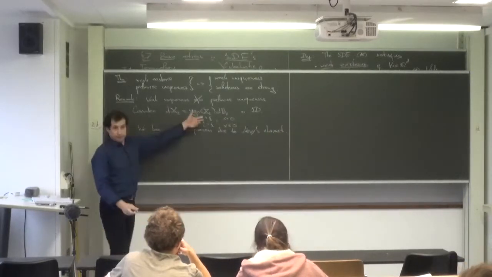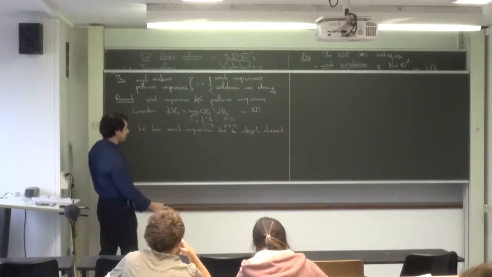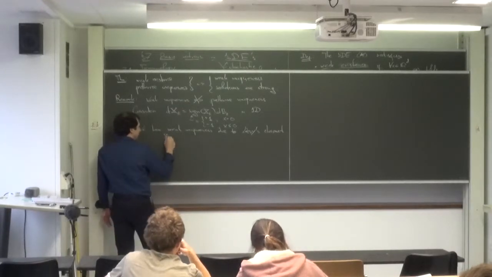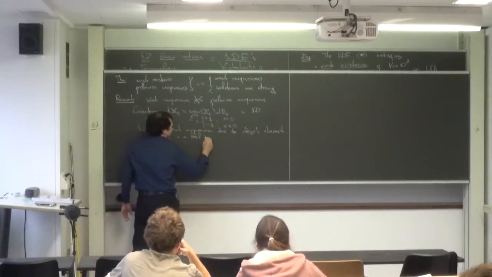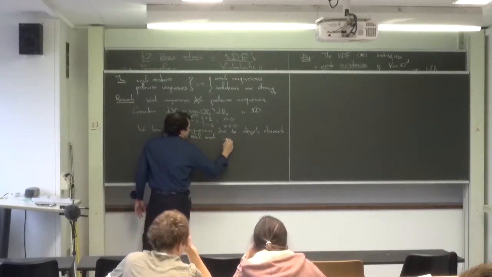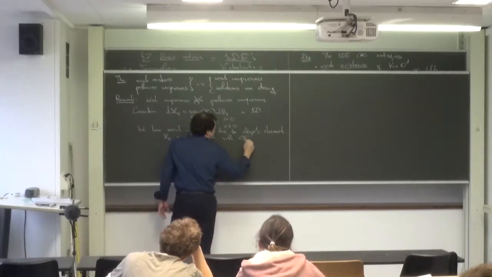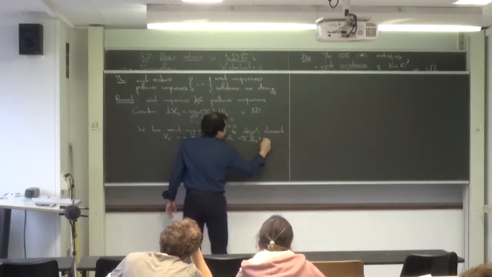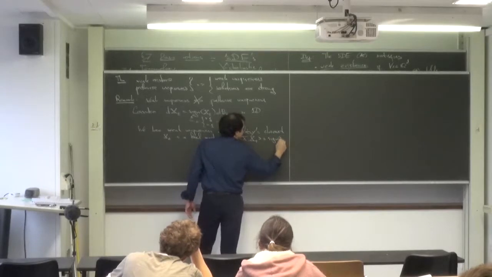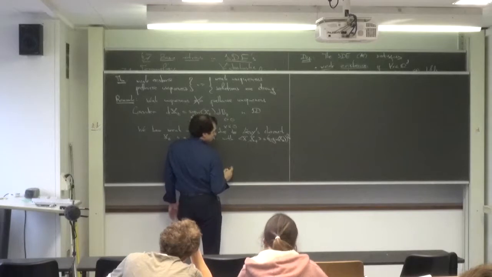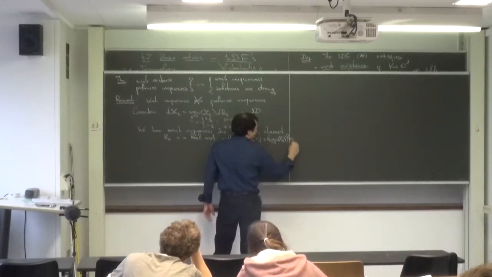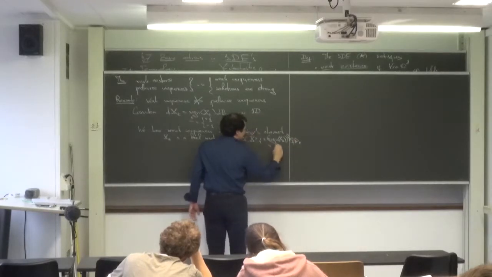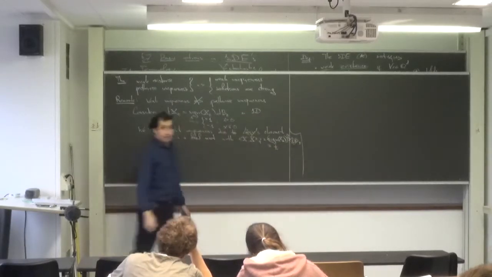Because if it solves this SDE, then xt is a local martingale with quadratic variation, just sign squared times the quadratic variation of B, which is just t.